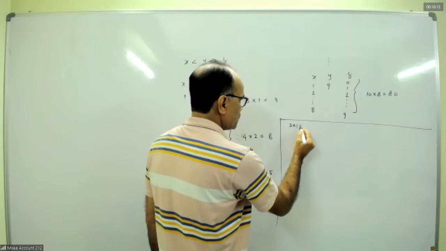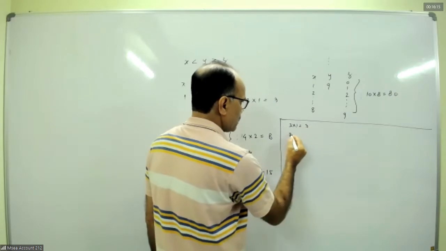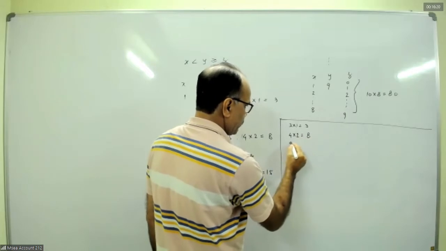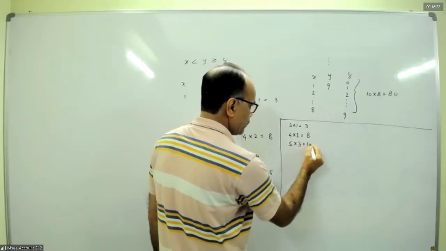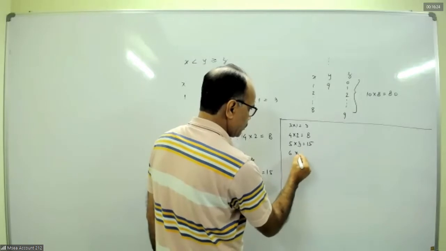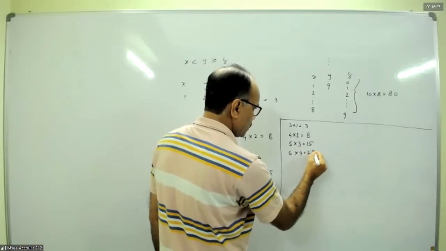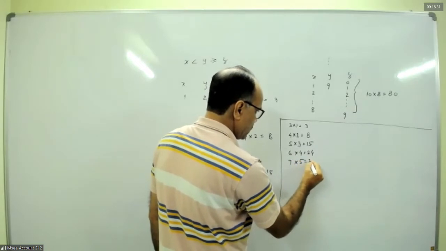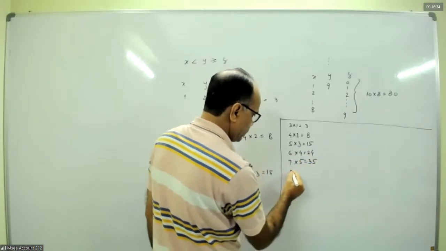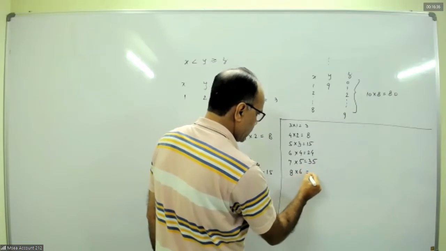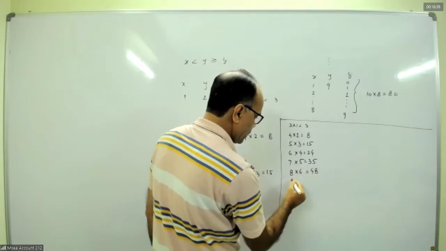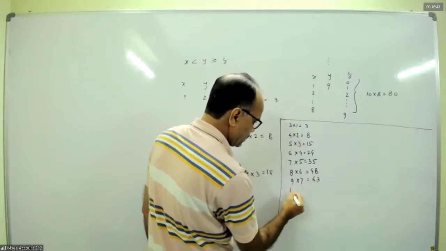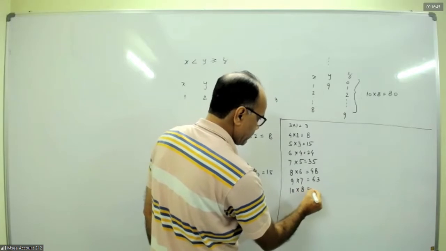3 into 1, 3. 4 into 2, 8. 5 into 3, 15. 6 into 4, 24. 7 into 5, 35. 8 into 6, 48. 9 into 7, 63. 10 into 8, 80.